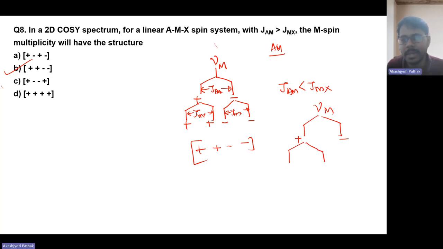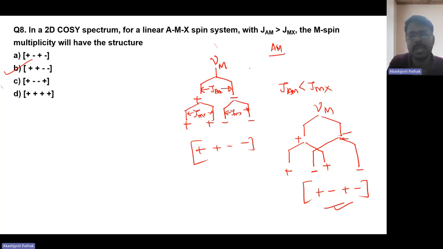But since this MX coupling is greater than the AM coupling, this splitting will move into this part and this one. So it is again plus, plus, minus, minus. So the pattern would be plus, minus, plus, minus. This would be the pattern if JAM is less than JMX, and this will be the pattern if JAM is greater than JMX.